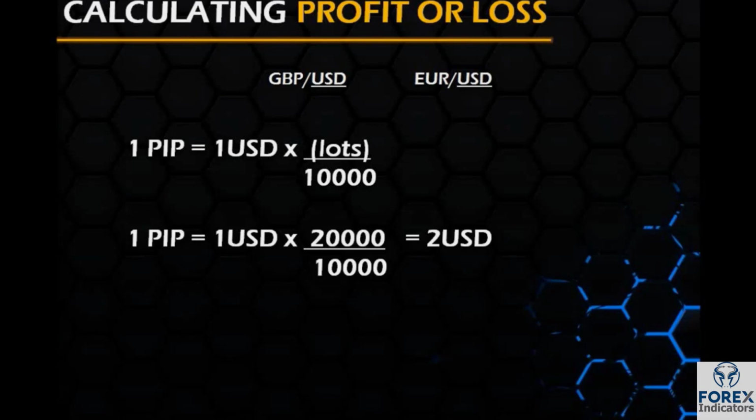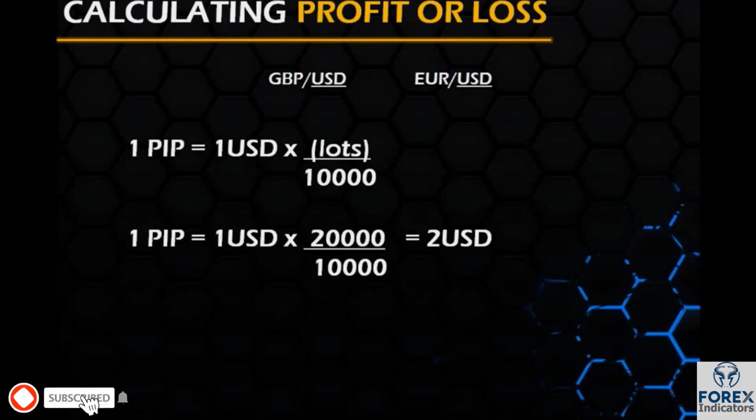Okay, we'll take for example, let's say you bought 20,000 lots of the GBP USD. This means that each pip of movement in the market price equals $2 that you're gaining or losing. If it's in your favor, you're gaining $2 per pip. So if your target is, let's say, 10 pips of market change, then you gain $20.